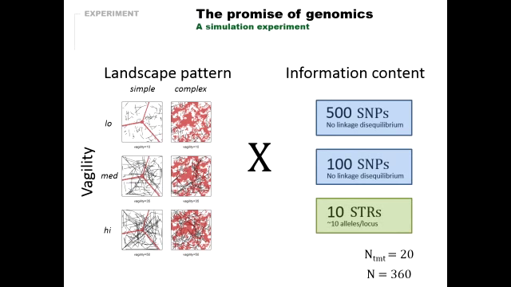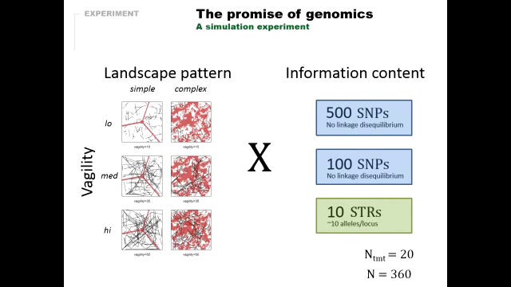What happens if we load on some of this additional information that Mason told us about in the form of SNPs, and to kind of resolve these landscape patterns better? So I assumed in 2 treatments whether we had 100 SNPs or 500 SNPs. Assuming no linkage disequilibrium. So I don't know if this is realistic or not, but I don't think it really matters here. It's more of a thought experiment.